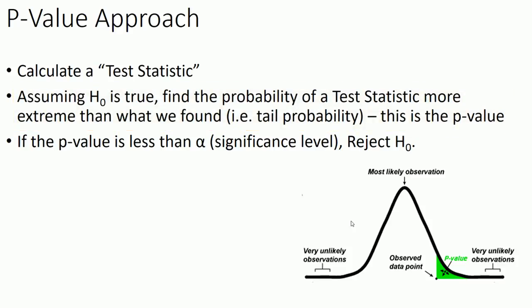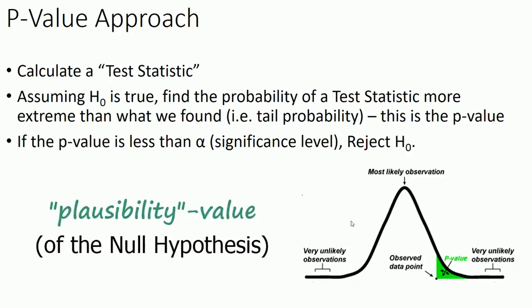Okay? The p-value is not the same thing as proportion. It's not the p that stands for population proportion. You should think of the p as plausibility. That's what I think you should think of p as, the plausibility value. It's how plausible is the null hypothesis given the test statistic.